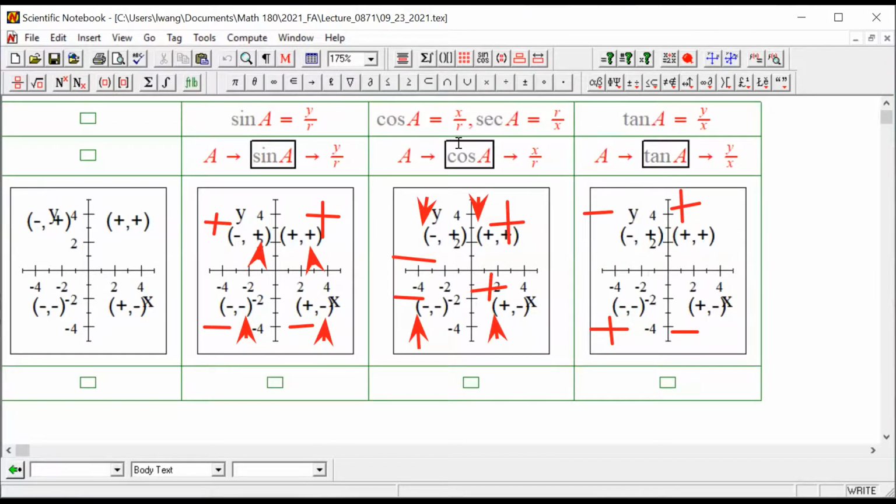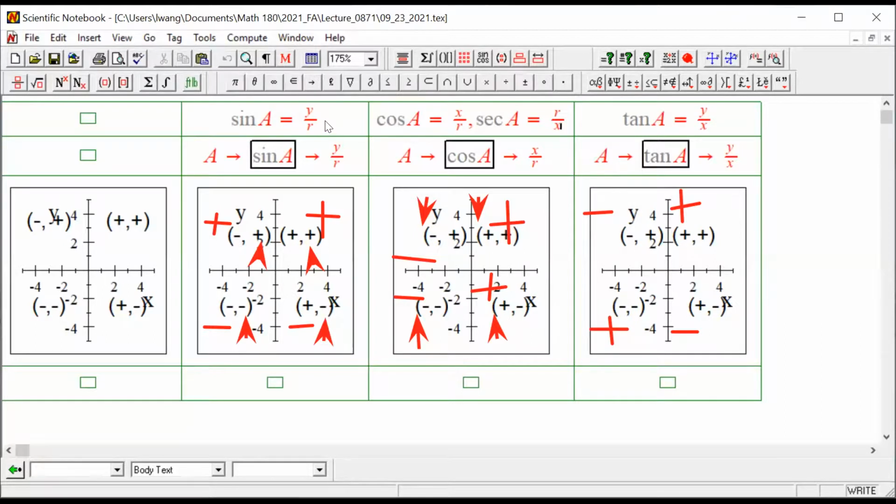So if cosine is positive, negative, negative, positive, then secant will have the same sign as the cosine, right? You see from that definition, one is X over R, the other one is R over X. So the sign will stay the same, aren't they?